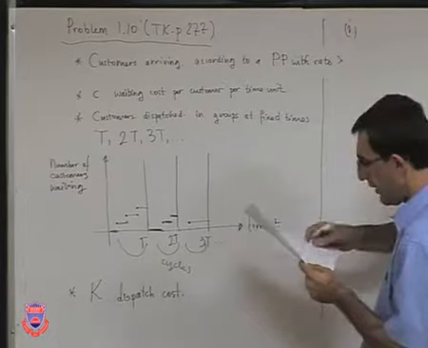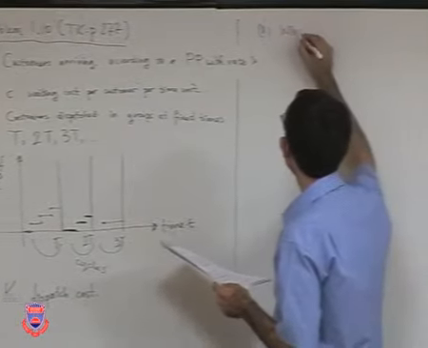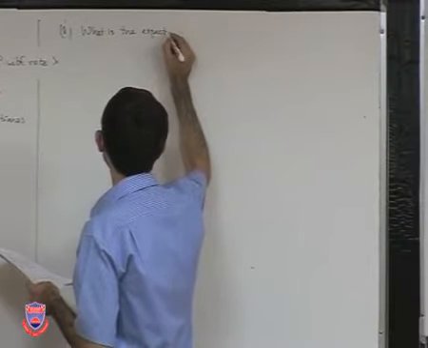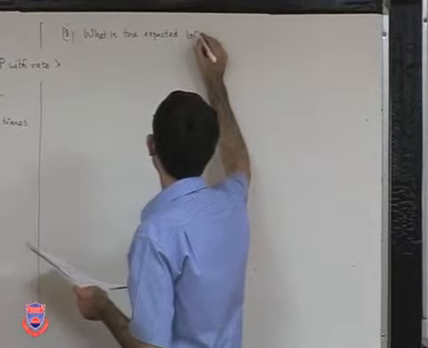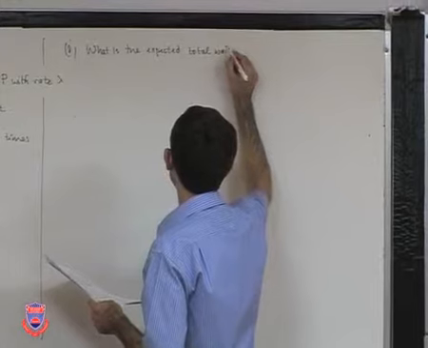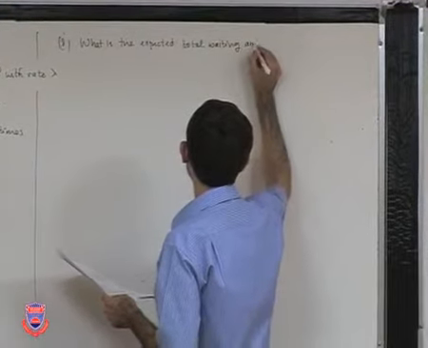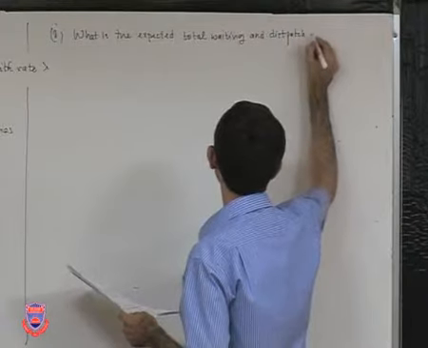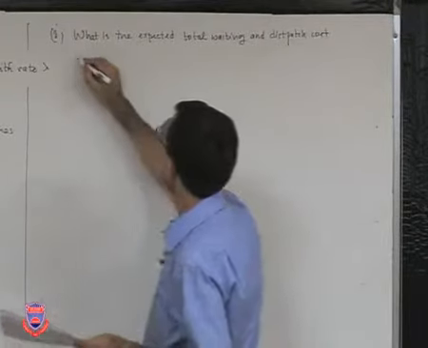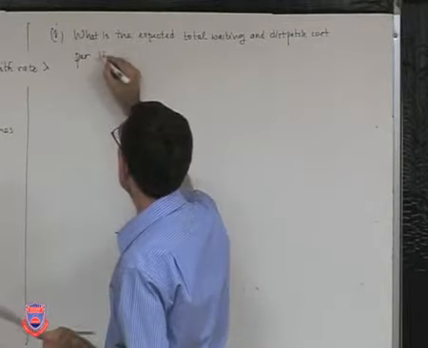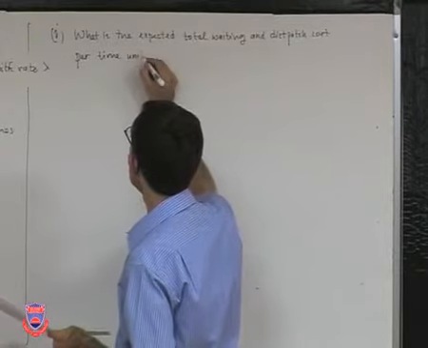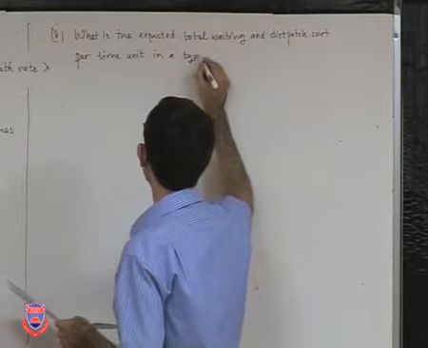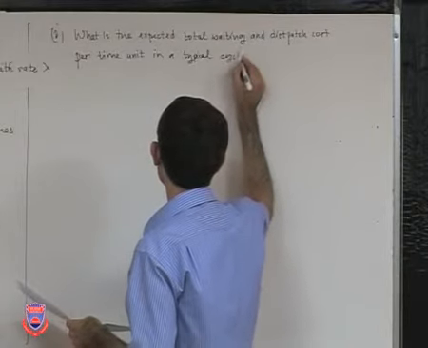And in part A, we would like to calculate the expected total waiting and dispatch cost per time unit in a typical cycle.